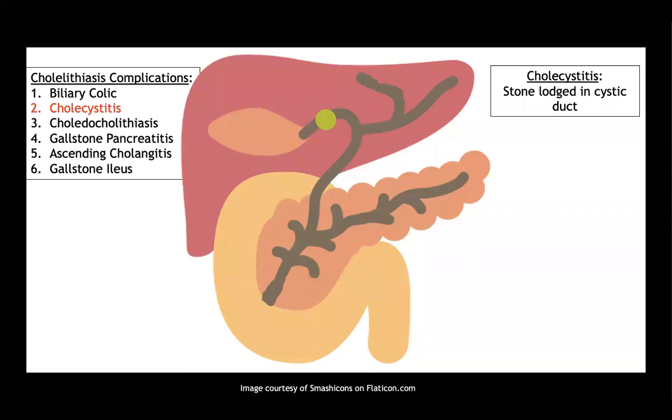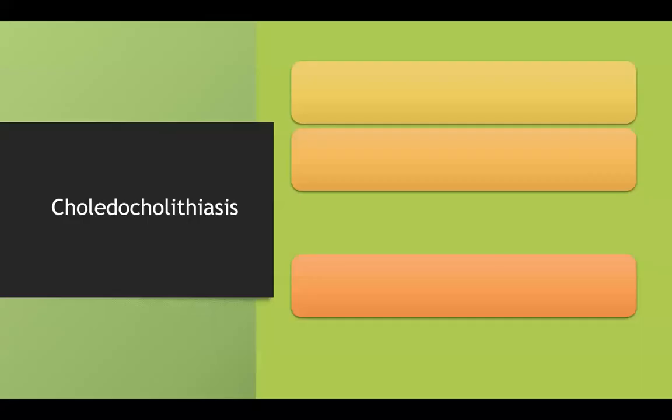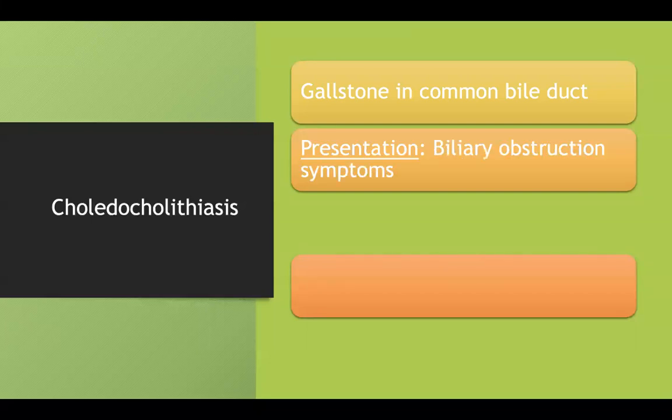So now let's go back to our gallstone-related pathologies. We just talked about acute cholecystitis. What happens when the stone makes it to the common bile duct before it gets stuck? So that's choledocholithiasis. As I just mentioned, that's a gallstone in the CBD. So this will present with biliary obstructive symptoms, which we've talked about a lot earlier in this lecture in the physiology section.